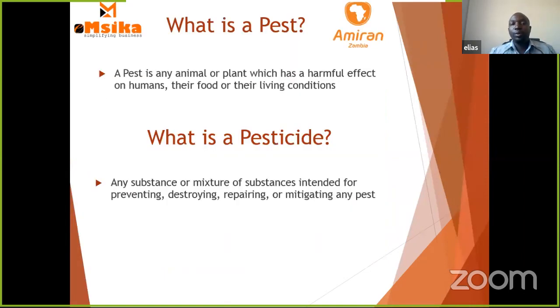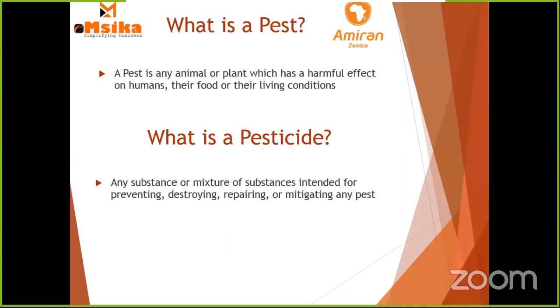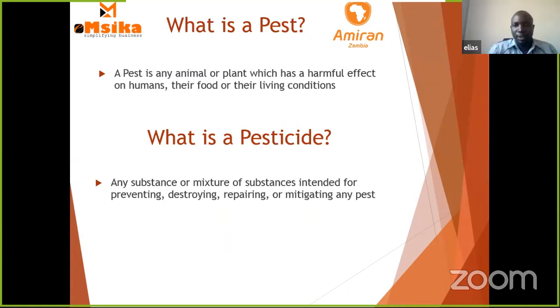So to start with, we need to look at what is a pest before we talk about pest management. We need to know what we are talking about to start with. So we'll look at what is a pest. And a pest in this case is any animal or plant which has harmful effect on humans, their food, or their living conditions.